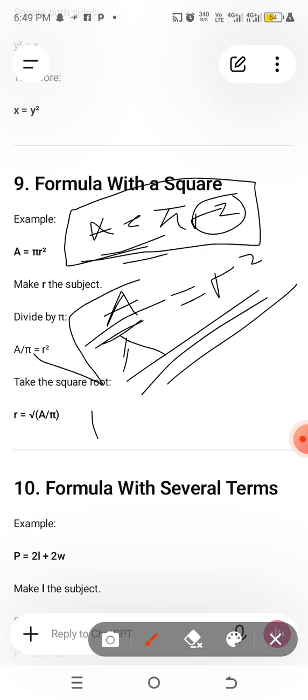After putting the square root, this r square will cancel, it remains only r. Now we have r equal to square root of A over pi. Do you understand? If you understand, that's very great of you.